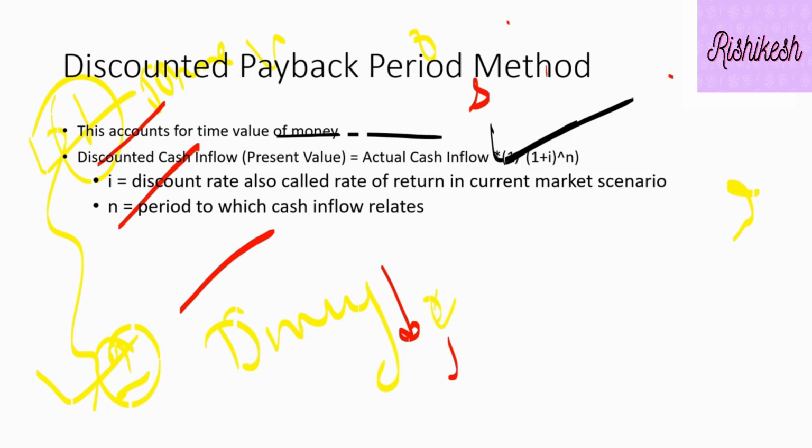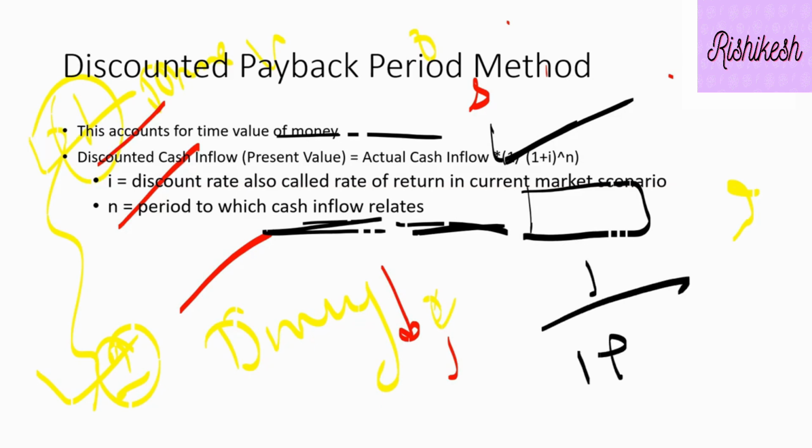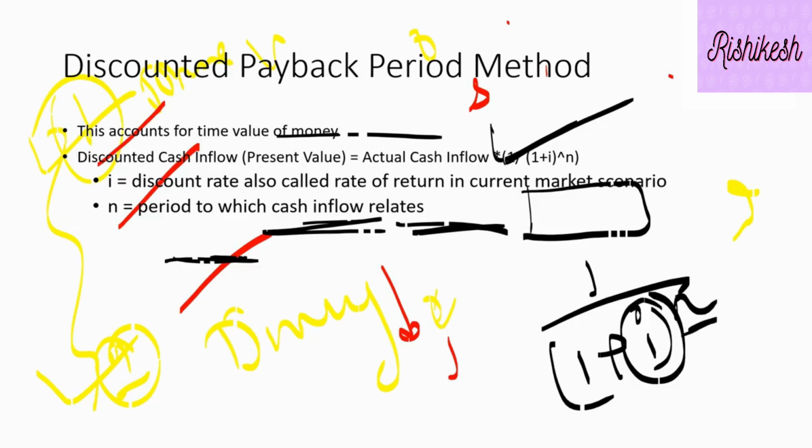So in this case, the discounted cash inflow, that is the present value of a future value, will be equal to the actual cash inflow at that time, that is the future value, multiplied by this factor, which is 1 by (1 plus I) to the power n, where I is called the discount rate, also called rate of return, and n is the number of years, the number of periods that this future value is ahead of the present value.